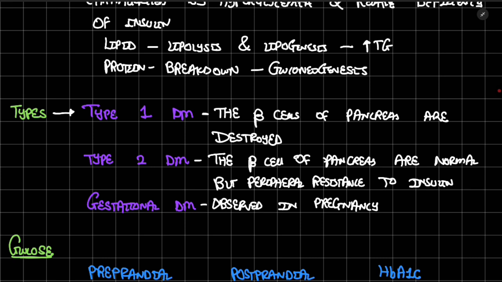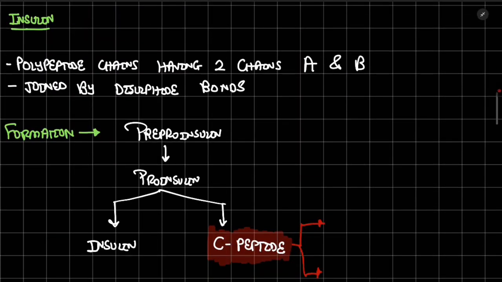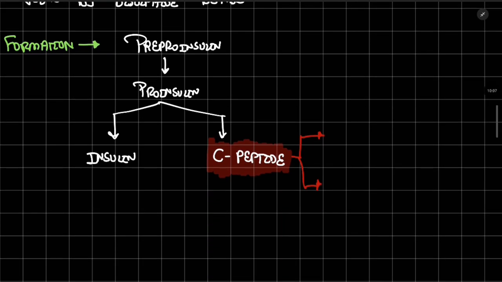Type 1 diabetes mellitus is due to beta cells of pancreas being destroyed, and type 2 is due to beta cells being normal but peripheral resistance to insulin is increased. Now tell me one thing: if a patient comes to you and complains about the typical features of diabetes, how will you distinguish between the two diabetes? Basically, this C-peptide will help you in this.